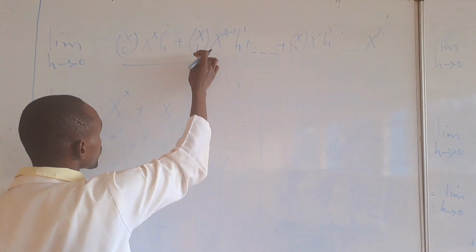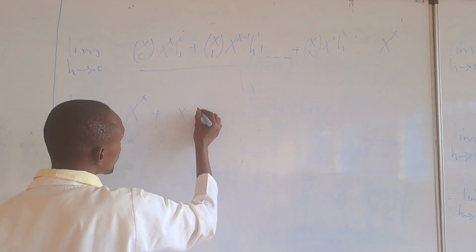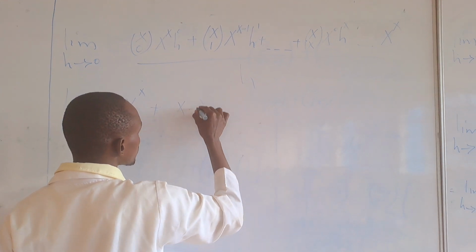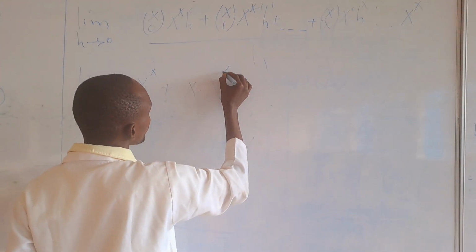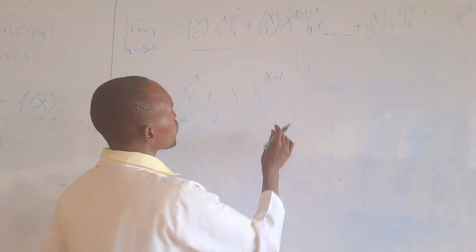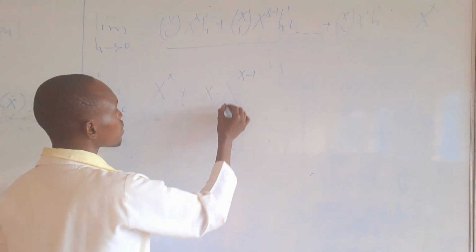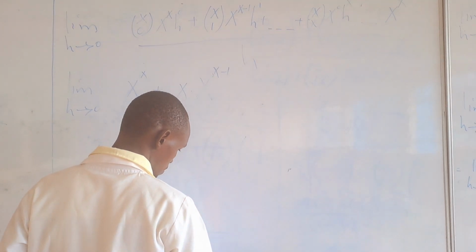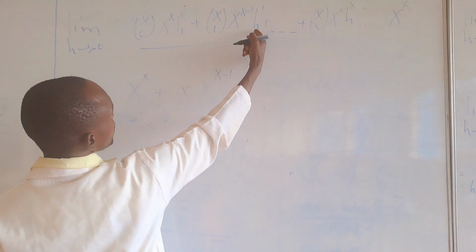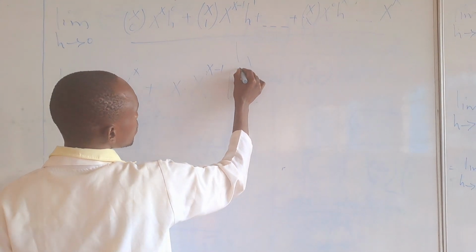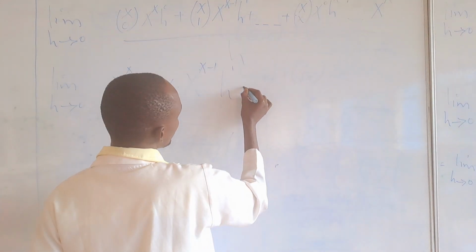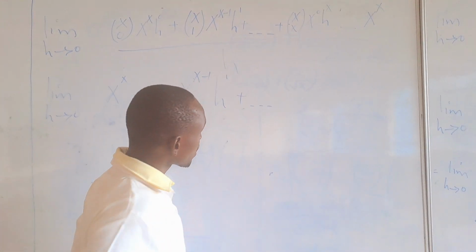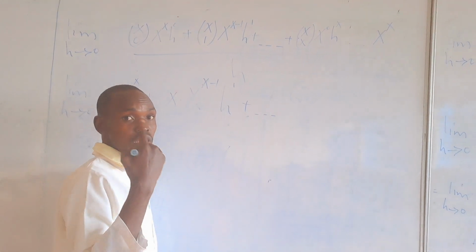So x combination 1 will be x multiplied by x raised to power x minus 1, times h raised to power 1, then plus 2 x combination x, any number combination itself is just 1.